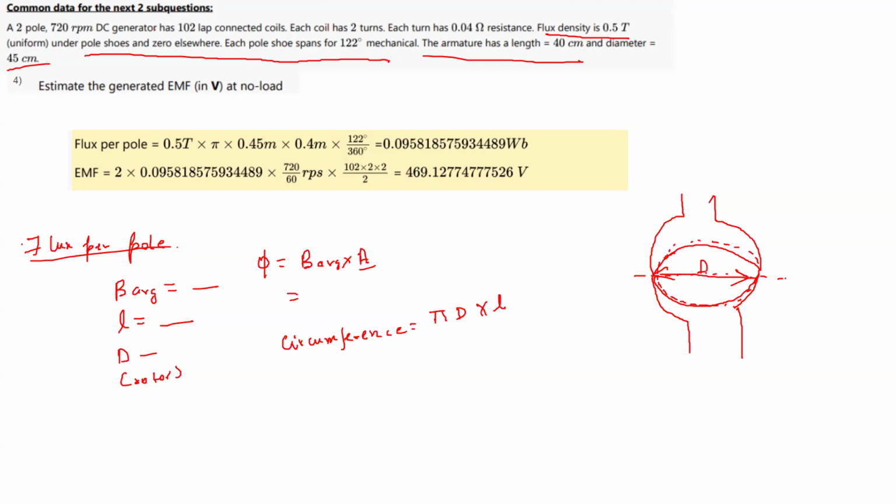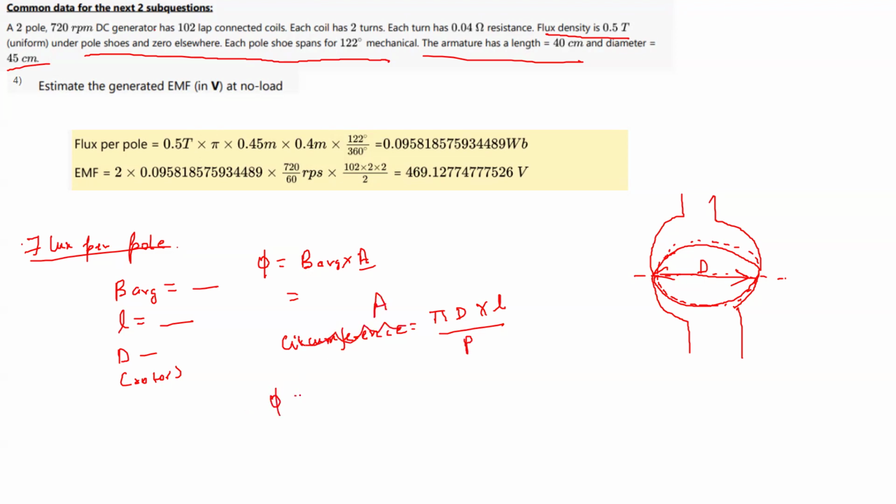But we want the area per pole, so this 360 degrees gets equally divided into the two poles. So this will be nothing but pi D L by the number of poles, P. So this is the area A.